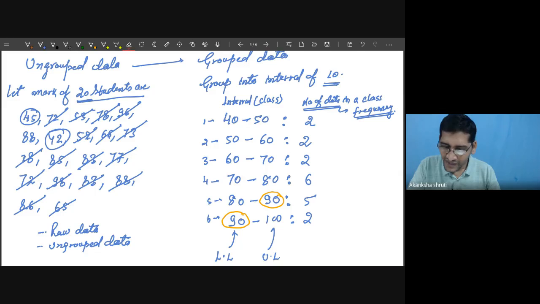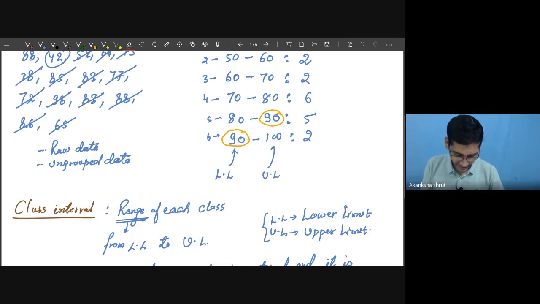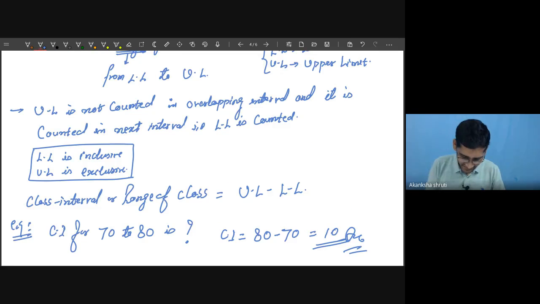Student, how many observations are in each class interval? That is called the frequency. So let us write that part also: the number of observations in each class interval.